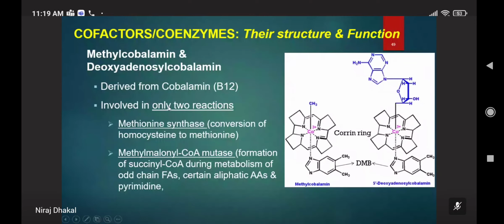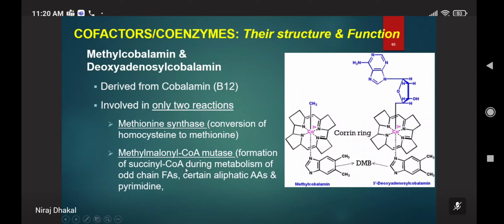So cobalamin is involved in only 2 reactions. However, these 2 reactions are very important. One is methionine synthesis, that is conversion of homocysteine to methionine, which requires vitamin B12, and another is methylmalonyl coenzyme A mutase. In this reaction, there is a formation of succinyl coenzyme A, which is derived from the metabolism of odd chain fatty acids, certain aliphatic amino acids, and certain pyrimidines.